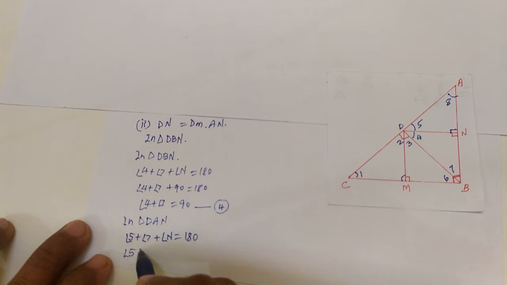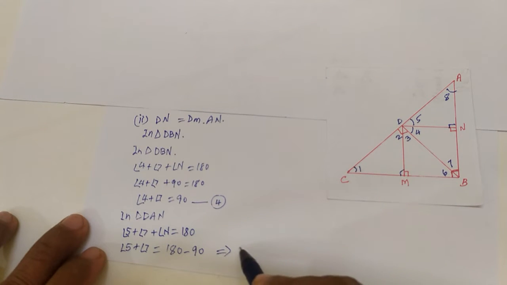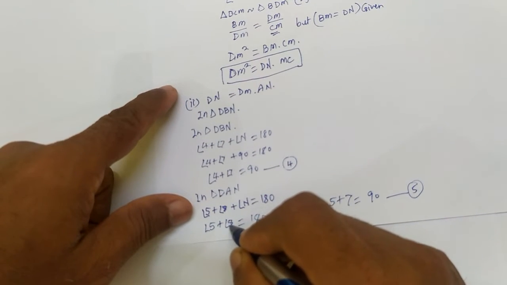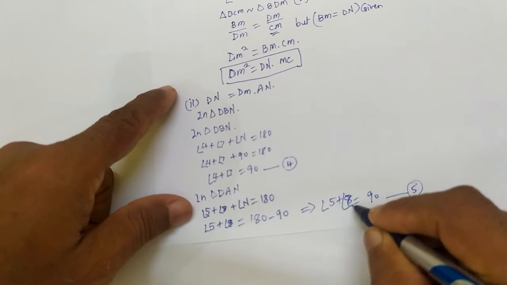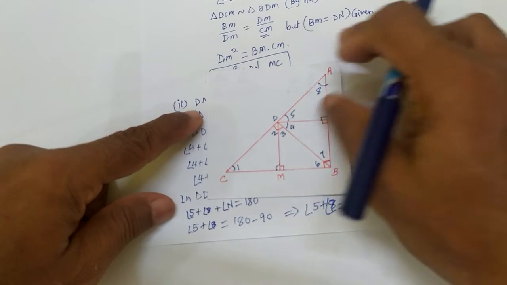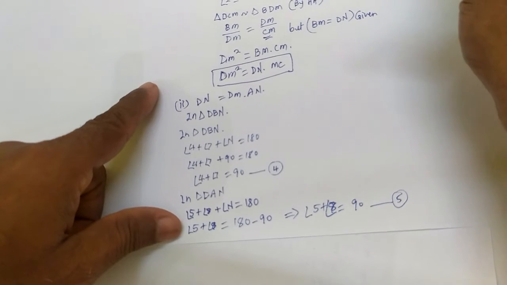So angle 5 plus angle 7 is 180 minus 90, that is 90. We will take this as statement 5. And angle 5 plus angle 8 is also 90.